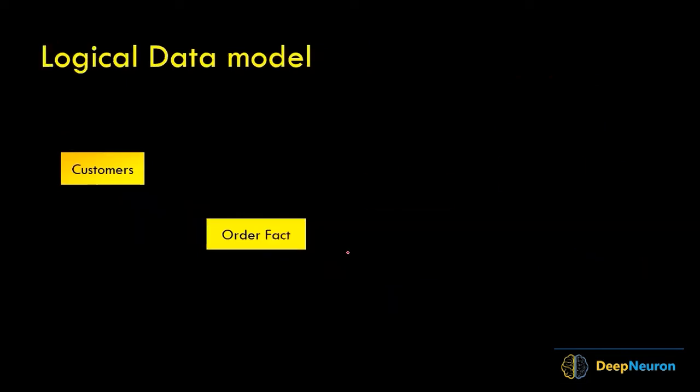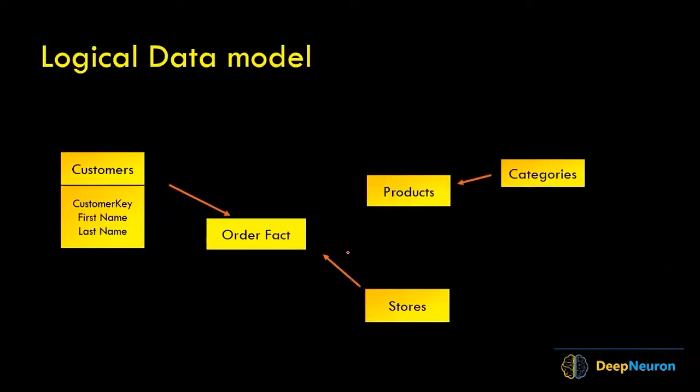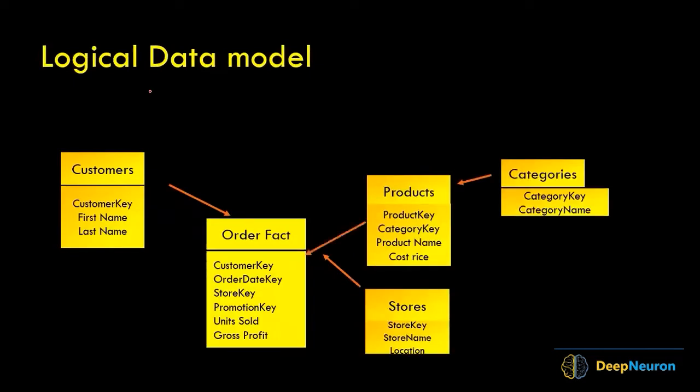When it comes to the logical data model, we go one step further and define the attributes that are part of each and every entity or table. In the order fact table, we specify what columns need to go in here. In the customers table, what columns need to go into it. We define it as part of the logical data model.